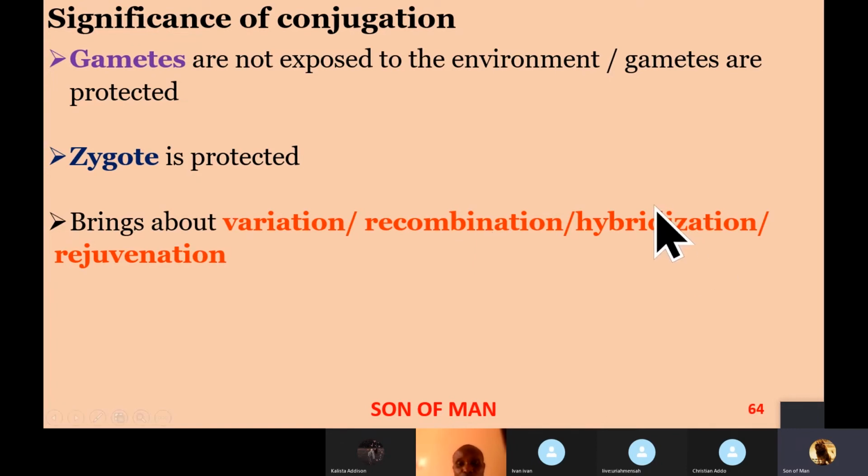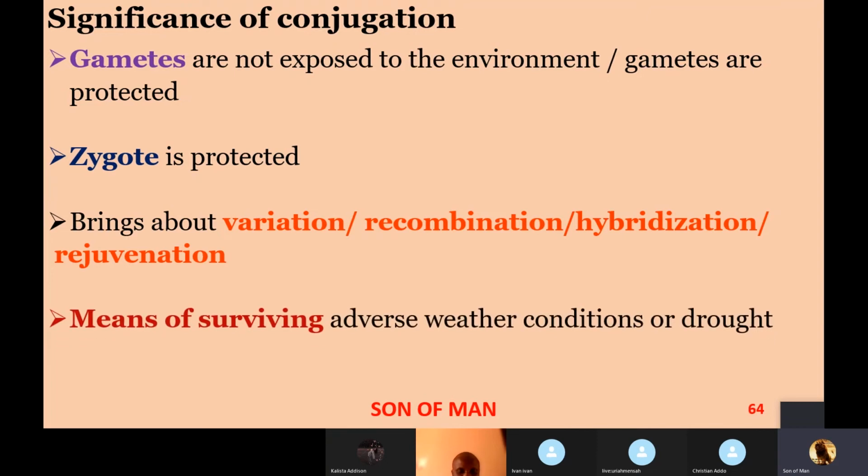There's also supposed to be hybridization, meaning mixture of two different parents. And rejuvenation in this context simply means that if the genes have lost its vigor, it will be rejuvenated. Then we did mention that this occurs when the environment is not conducive. So it is a way of surviving adverse conditions such as drought.